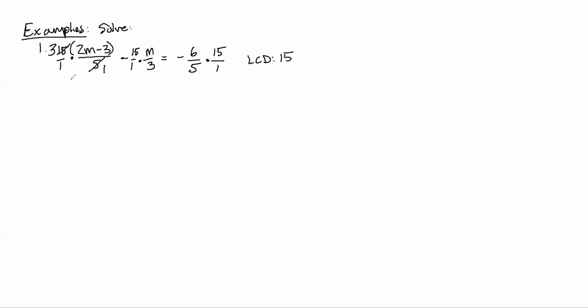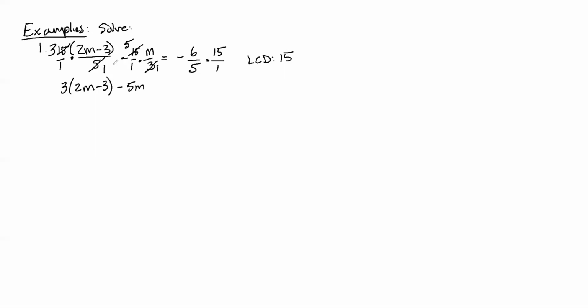I'm going to bring this down and distribute in a second in our next step. So we're going to have 3 parentheses 2m minus 3. Bring down this minus, and now we can reduce the 3 and the 15 here to a 1 and a 5. So then we have 5 times m, which is 5m.